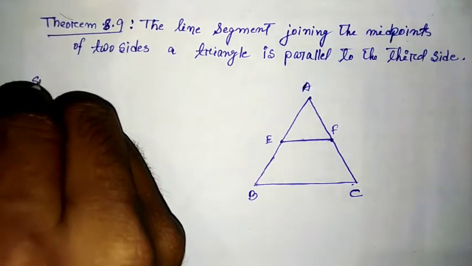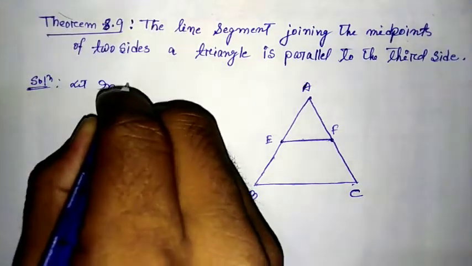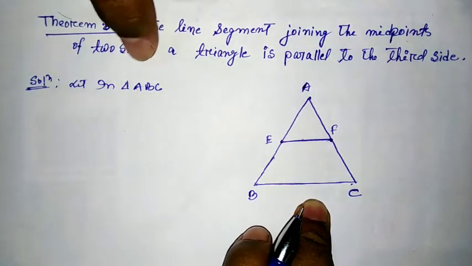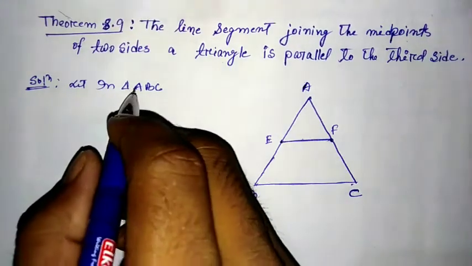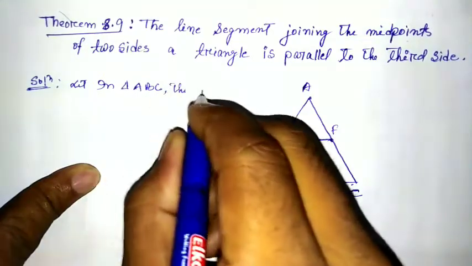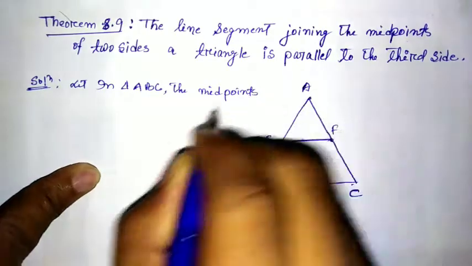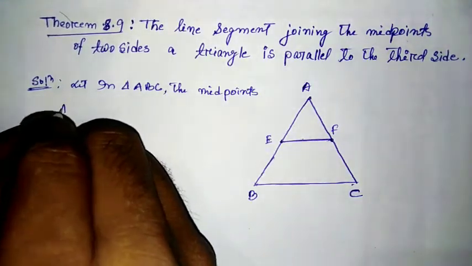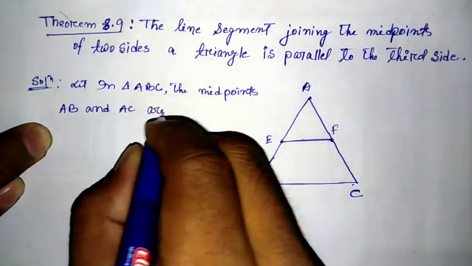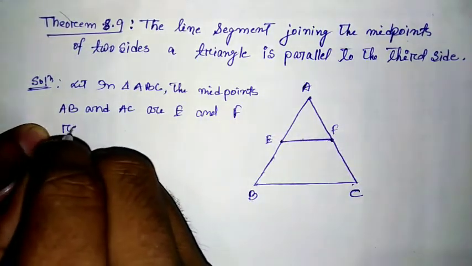First of all, write: let in triangle ABC, as we have considered the triangle, the midpoints of AB and AC are E and F respectively.